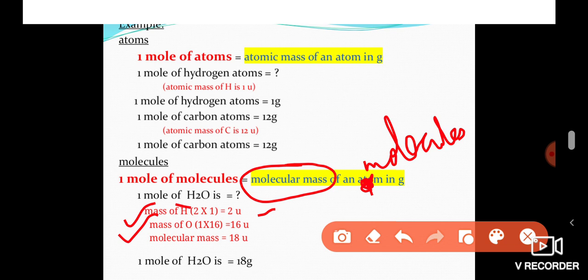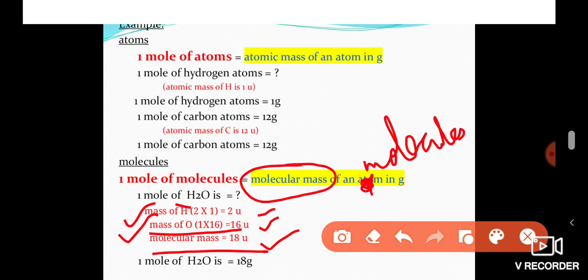So 1 into 16 is equal to 16 U. The total mass, that means the molecular mass, is the sum of the mass of hydrogen and oxygen. We get 18 U, isn't it? That 18 U is known as the molecular mass.